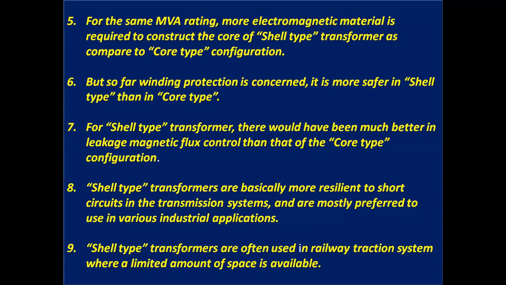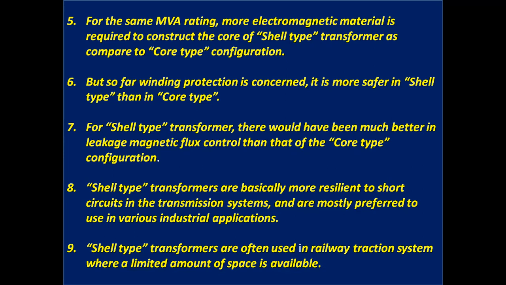For the same MVA rating, more electromagnetic material is required to construct the core of a shell type transformer as compared to a core type configuration. But so far as winding protection is concerned, it is safer in shell type than in core type.